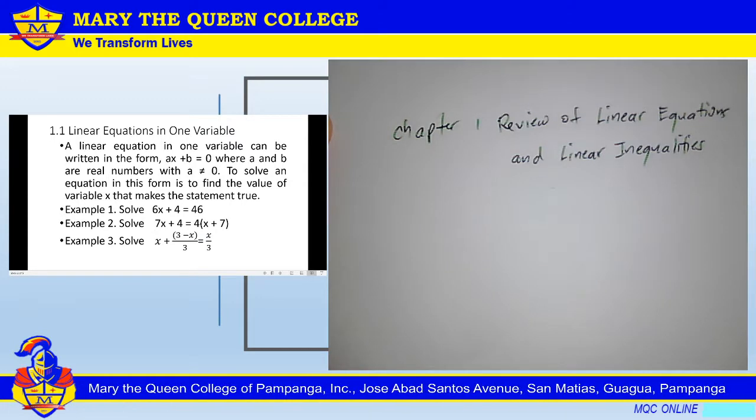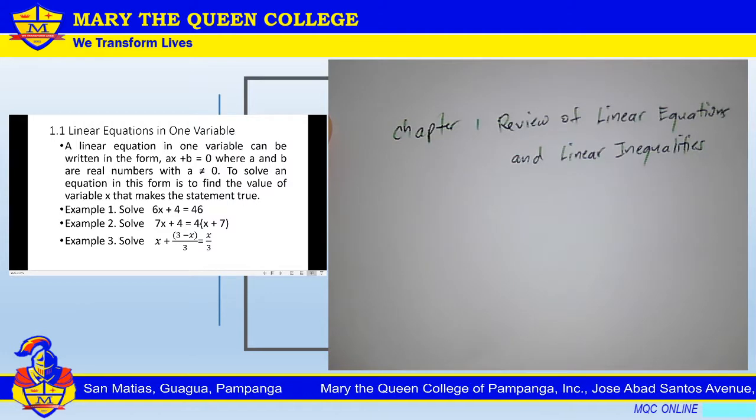If you still remember your high school mathematics, you already encountered examples such as this. When we say a linear equation in one variable, we have one variable, specifically x, or you can use any variable, and it has no exponent. Meaning to say, it has only one as its exponent.